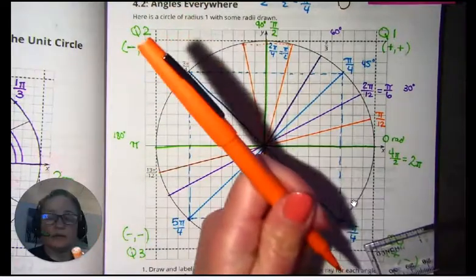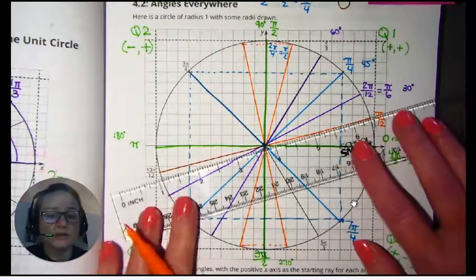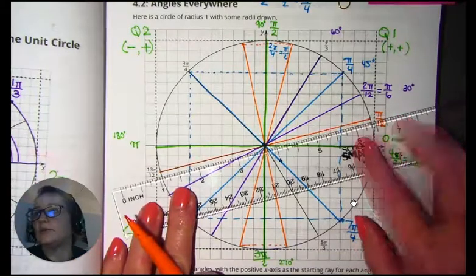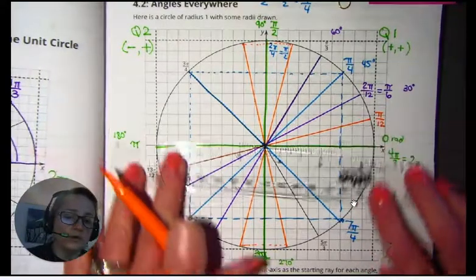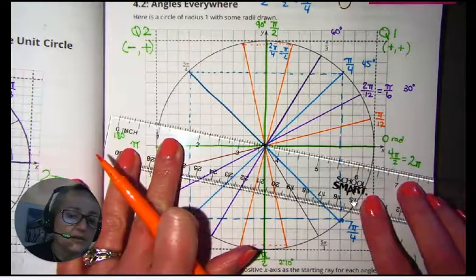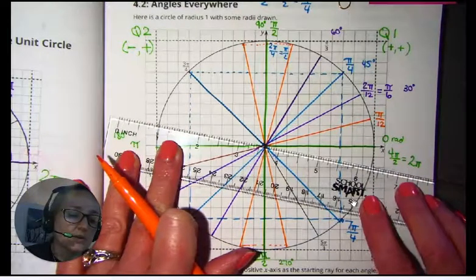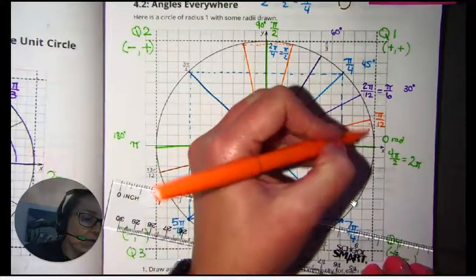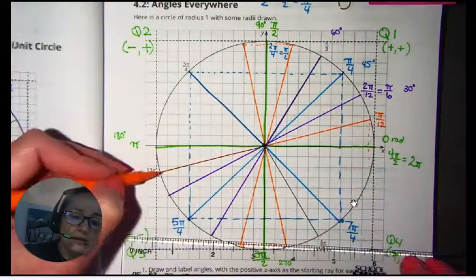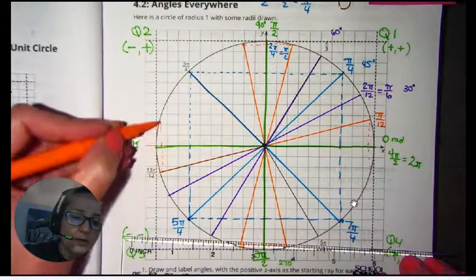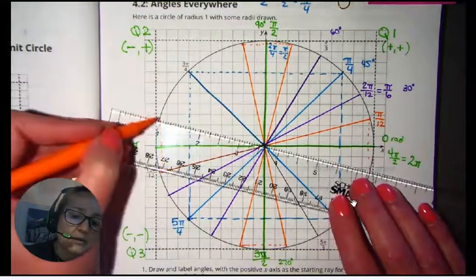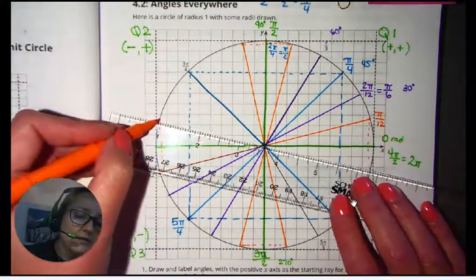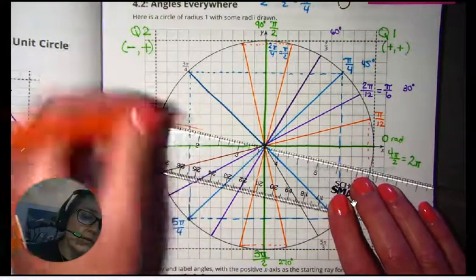Keep that same orange pen, because just like we had it up here in quadrants 1 and 2 at 30 degrees, we also want to think about that at about 30 degrees the other direction, 30 degrees below the x-axis. Again, you can put a little dashed line where it's going to hit, and then you can connect those dots. That's a nice way to do it as well, going right through the center.